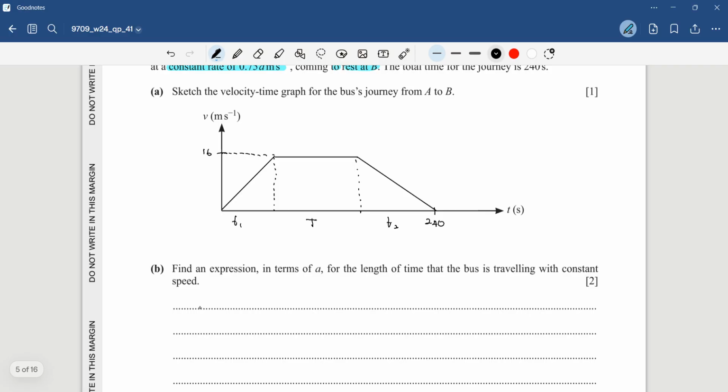So what I know, okay, my acceleration at the first part is actually A. So A is equivalent to 16 over T1.